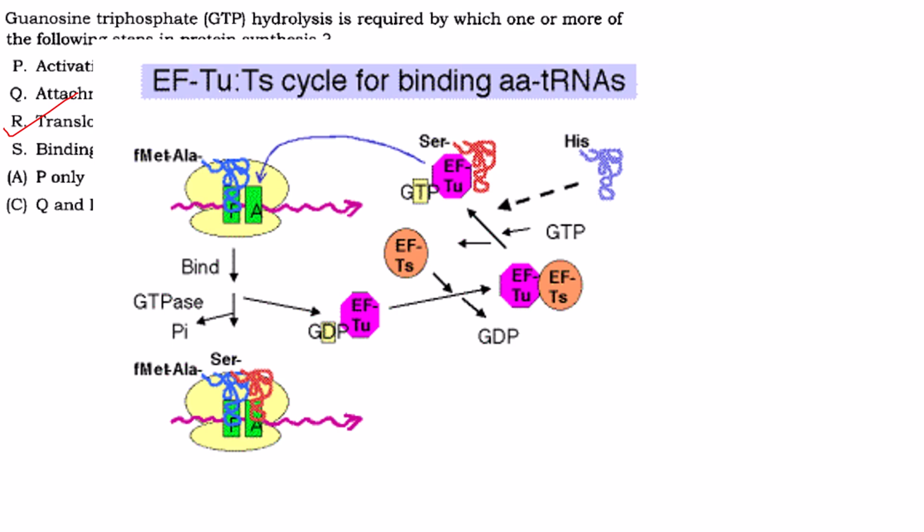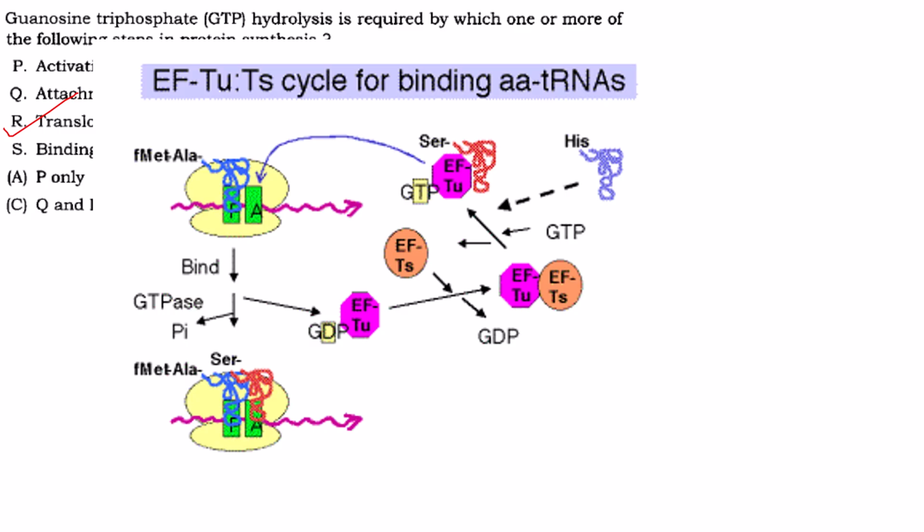After binding, the GTPase activity will cleave off the GTP bound EF-Tu to EF-Tu GDP, and EF-Tu will dissociate from the aminoacyl tRNA as well as from the ribosome. Now the EF-Tu bound GDP will be bound by the EF-Ts.